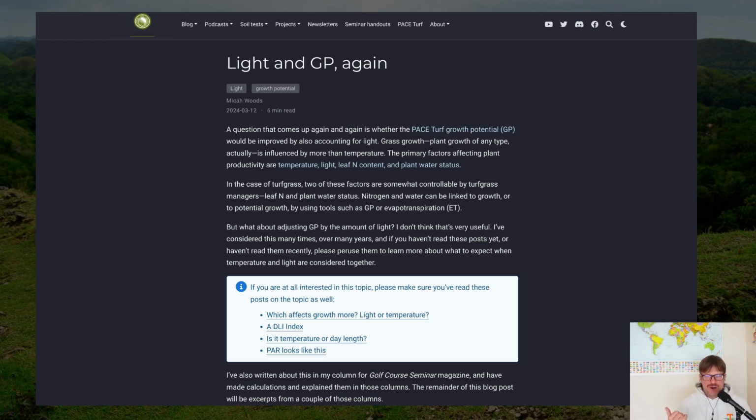And that gets to the heart of this question, which is, what about adjusting GP by the amount of light? And that's a question that comes naturally to a lot of turfgrass managers because they realize that light has an effect, as does temperature.